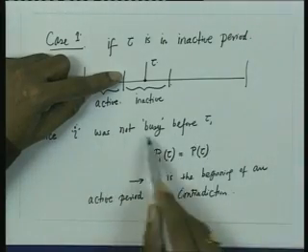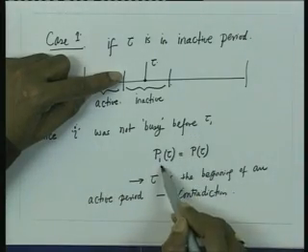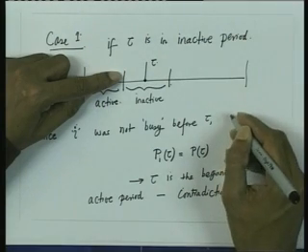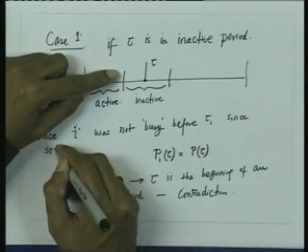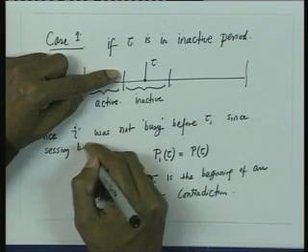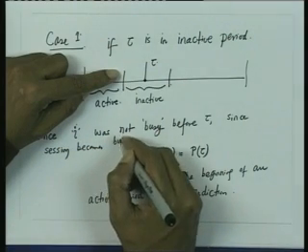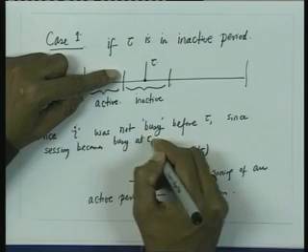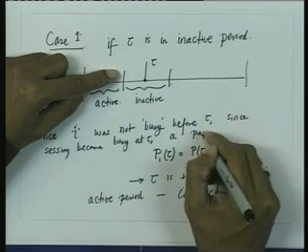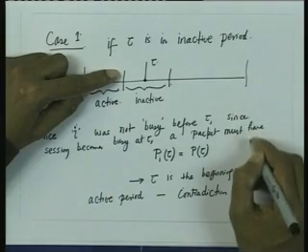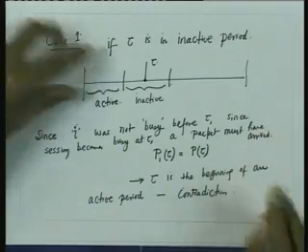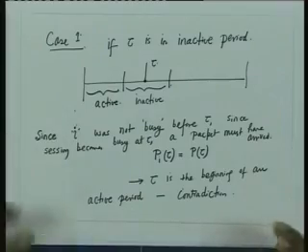Since session i became busy at tau, a packet must have arrived, and therefore pi tau should be equal to p tau. So this is the first case, where tau is in the inactive period.